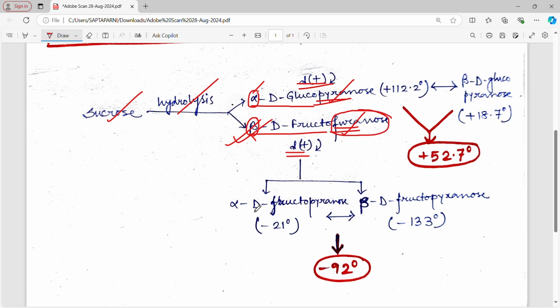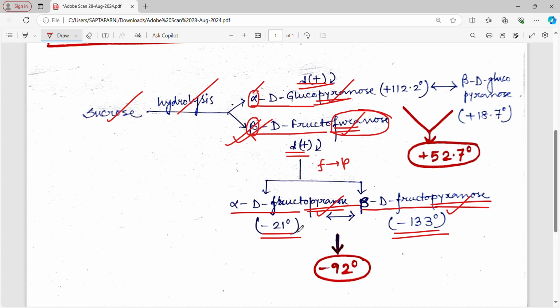But after some time, the beta D-fructofuranose gets converted into alpha D-fructopyranose and beta D-fructopyranose. So here the change is from furanose to pyranose. Now both isomers of fructose are converted into pyranose form from furanose form, and these two pyranose forms of D-fructose are both levorotatory. This one is showing minus 21 degree and this one minus 133 degree levorotation.